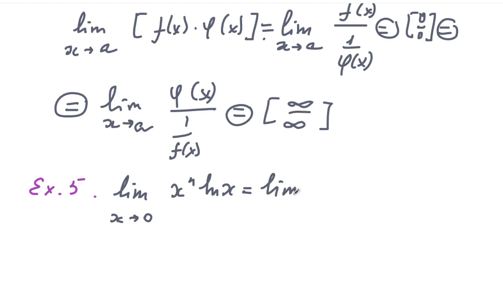Rewrite our limit as natural logarithm of x over 1 over x to the power of n. We have infinity over infinity.